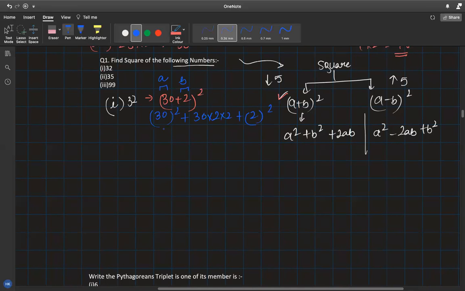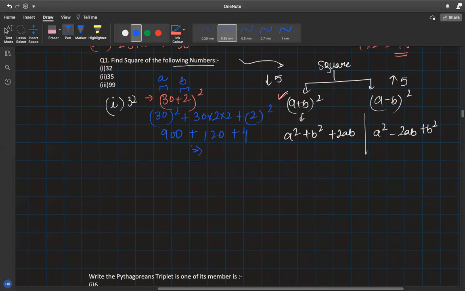Simple. 30 into 30 is 900, plus 30 into 2 is 60, 60 into 2 is 120, plus 4. So that means 900 plus 120 plus 4. Now you just have to simply add them. What is the sum going to be? Guys, let me know in the comment box below.